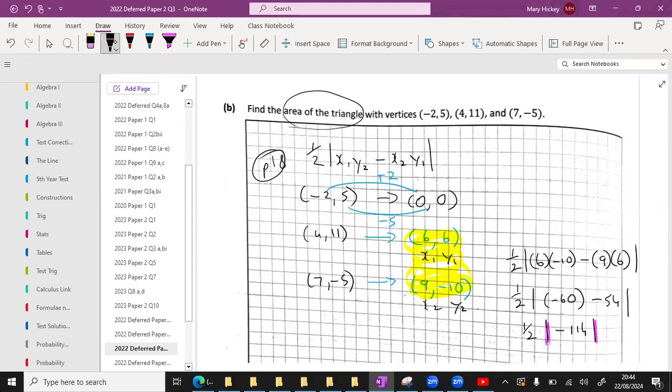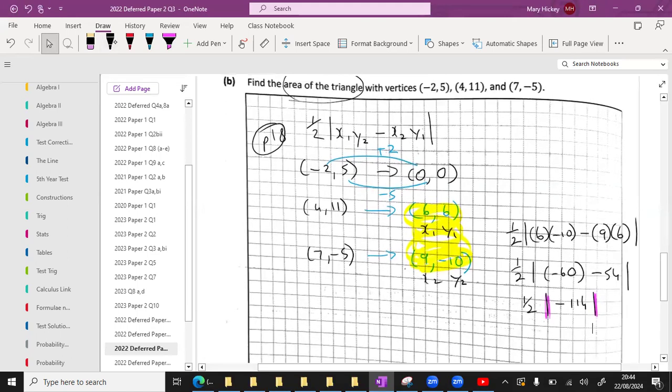We're ignoring it because when we do coordinate geometry, we can obviously put negatives into the calculation because of the location of the coordinates. But we know that the smallest area we can have is 0. You can't have a negative area. So that's why the absolute value symbol is in the formula. So when you come across absolute value with area of a triangle, you basically are completely ignoring the negative.